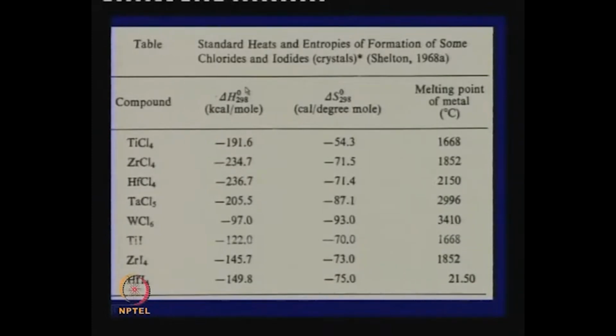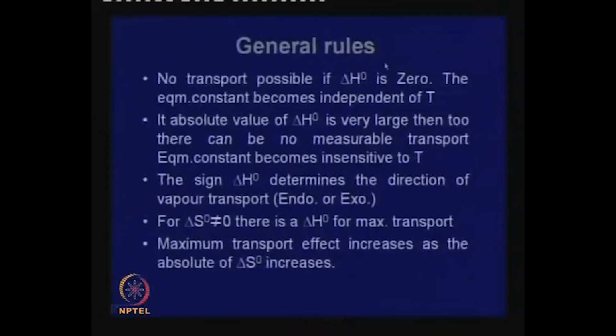And we have shown that we have to understand the reaction in terms of enthalpy change, entropy change and melting point. Then it came to some general conclusions: no transport of this kind is possible if the delta H value is 0.